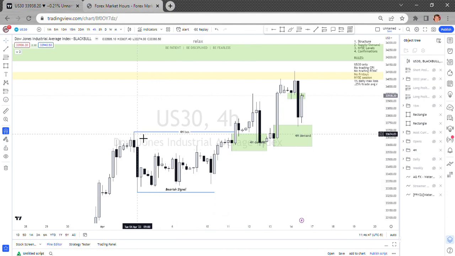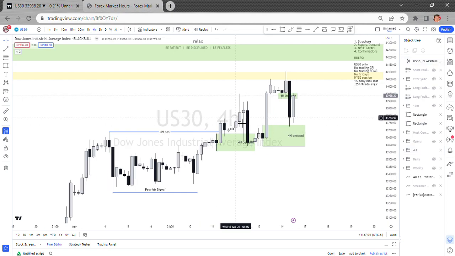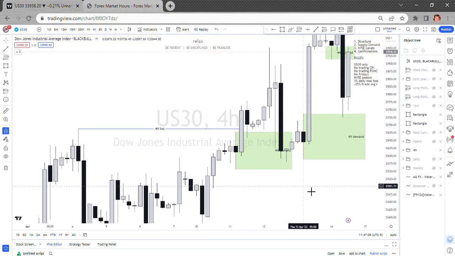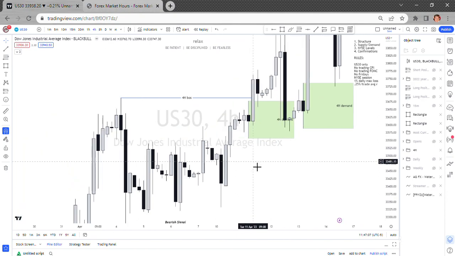Was looking to see if price was going to break the top or the bottom of this range. So here on Tuesday, before CPI, price broke out of this range, and the extreme of the range is down here.